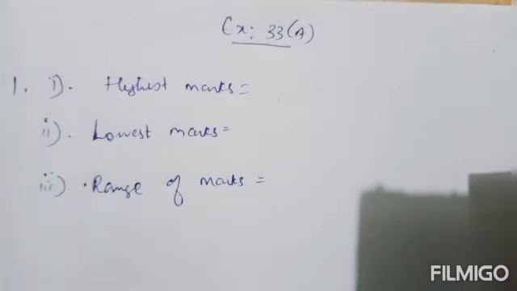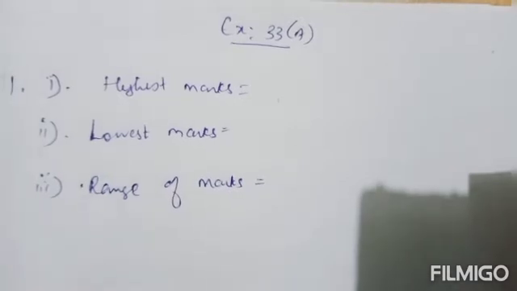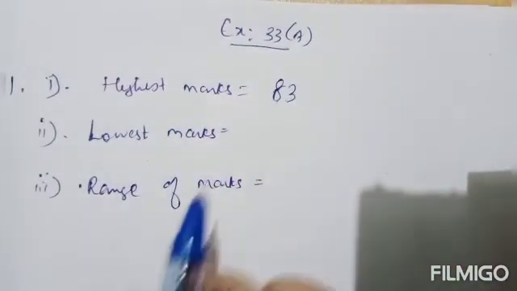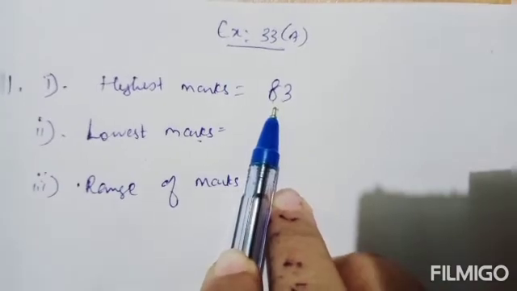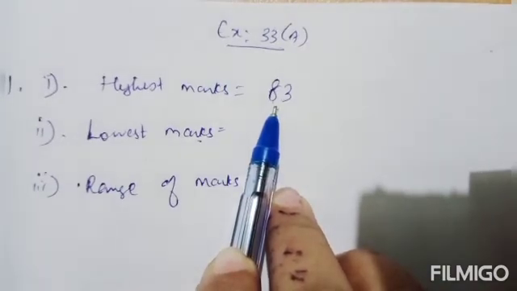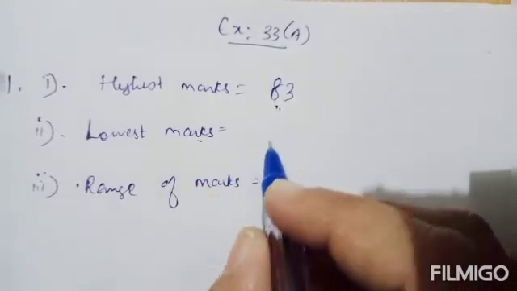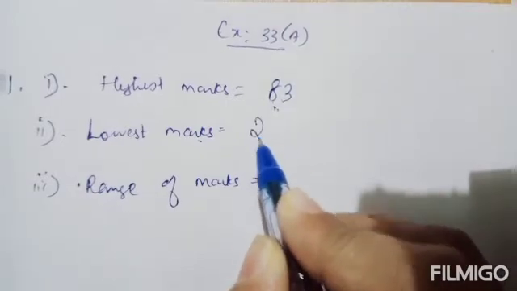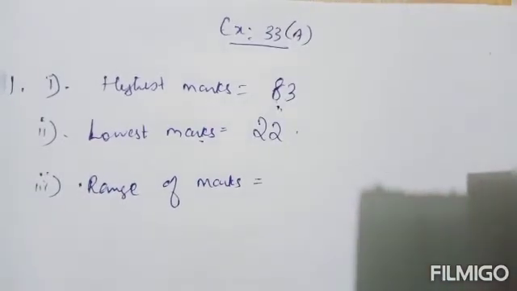You can see there 83. And which is the lowest marks scored? It is 33, sorry, 22. So the lowest mark scored is 22.